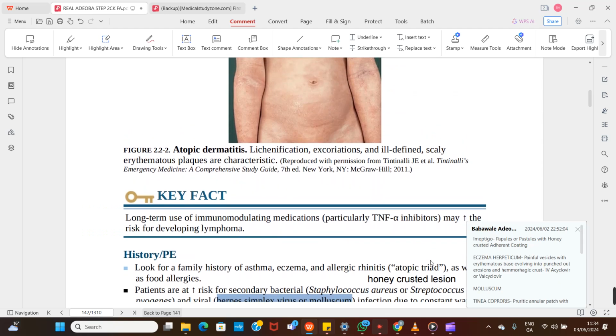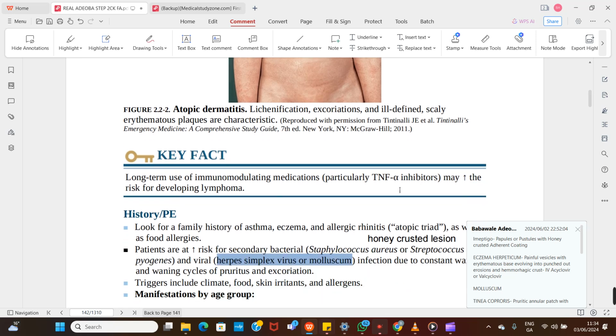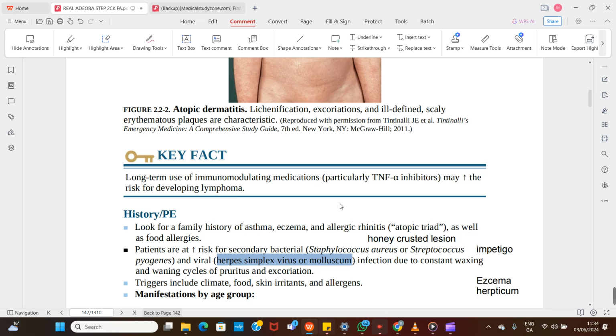We have a short note here that long-term use of immunomodulating medications like TNF alpha inhibitors can increase the risk of developing lymphoma. Not only lymphoma, they can activate TB, they can activate hepatitis, and they can activate latent malignancies. The reason is that the immune cells are very important in immunosurveillance.